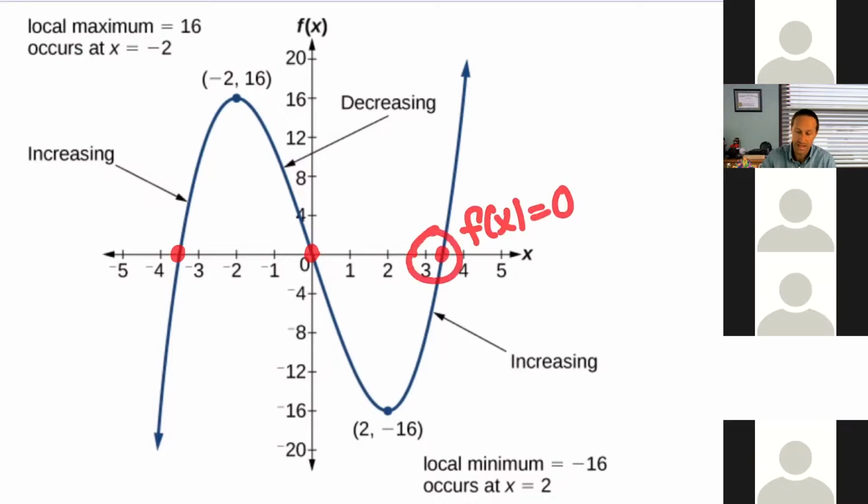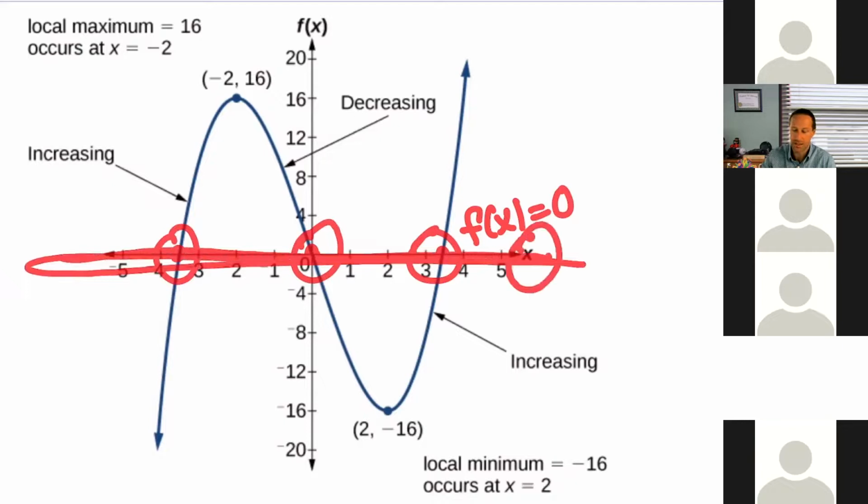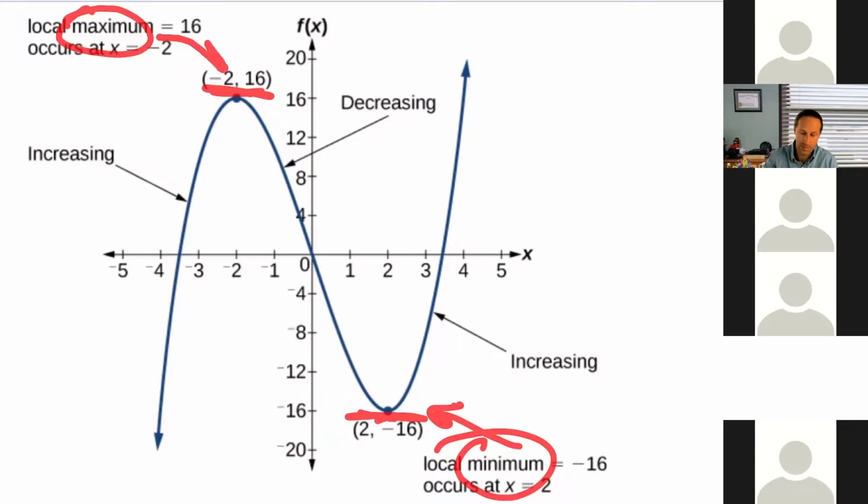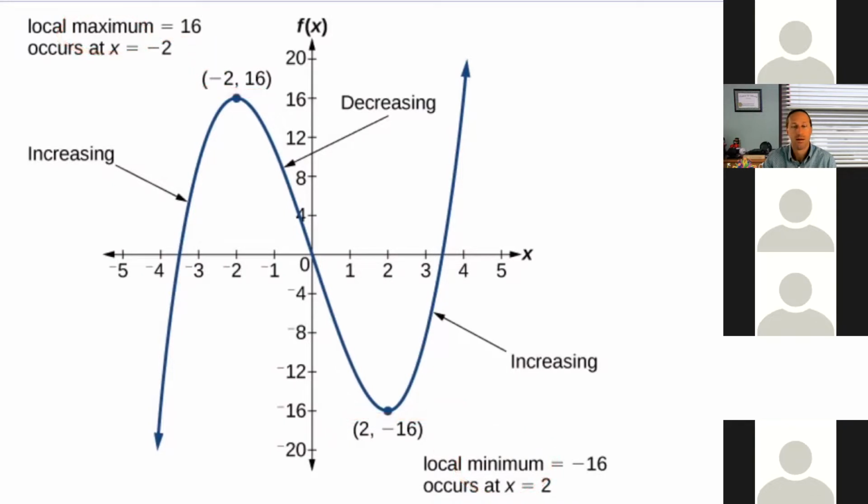We call these the x-intercepts because they intercept or cross through our x-axis. Okay, those high and low points are called minimums if they're low and maximums if they're high. I'll talk about what it means to be local in a minute.